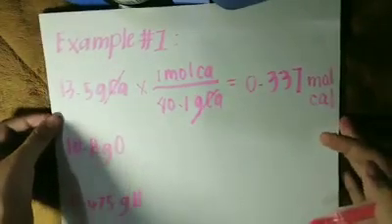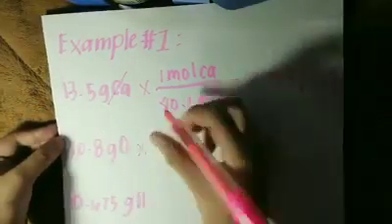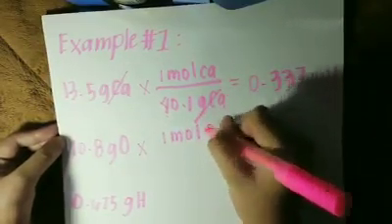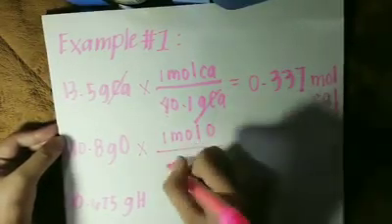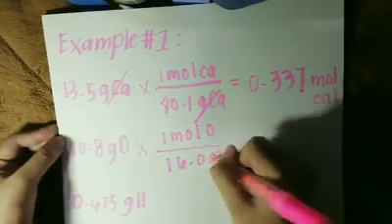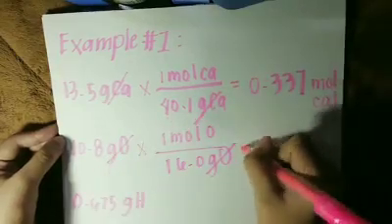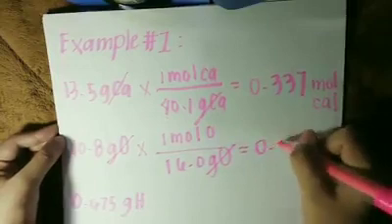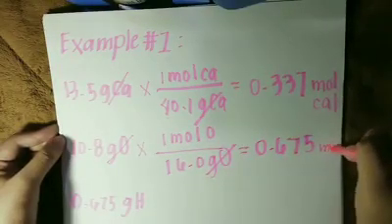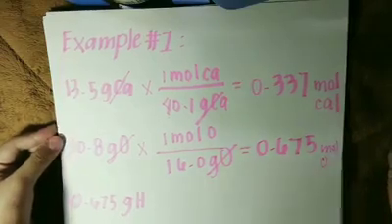calcium. And for oxygen, we're going to do the same thing. So 1 mole oxygen over 16.0 grams oxygen, cancel out, is equals to 0.675 mole oxygen.